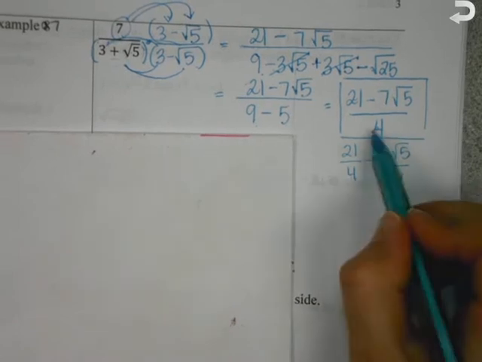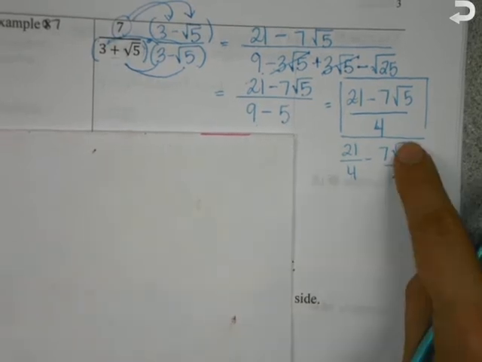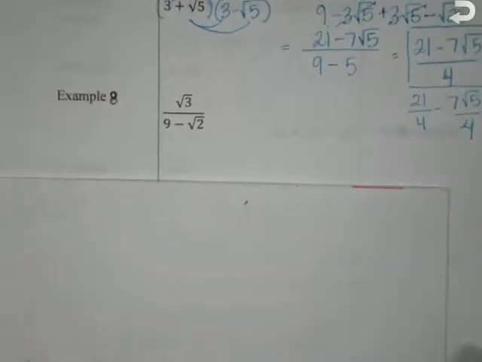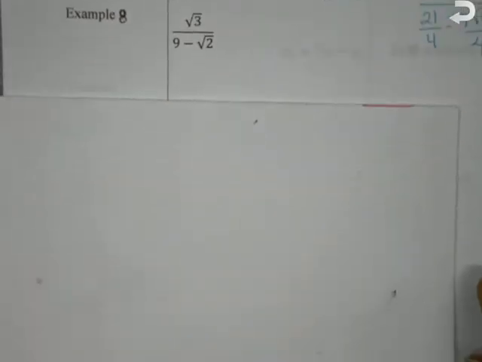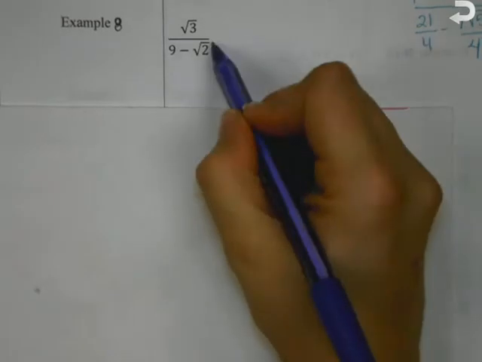Example 8. Root 3 over 9 minus root 2. Okay guys, so we have a root in the denominator, so I need to get rid of it. But because it's being added or subtracted, I need to multiply by the conjugate.